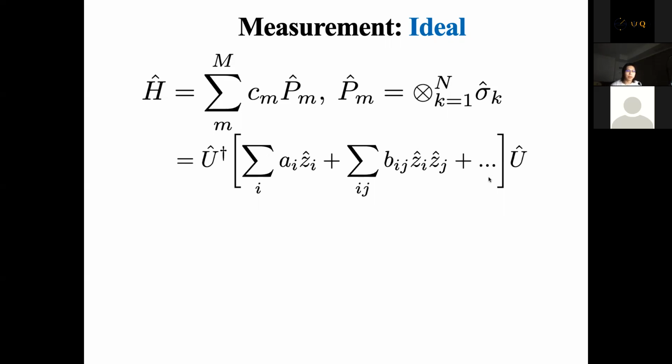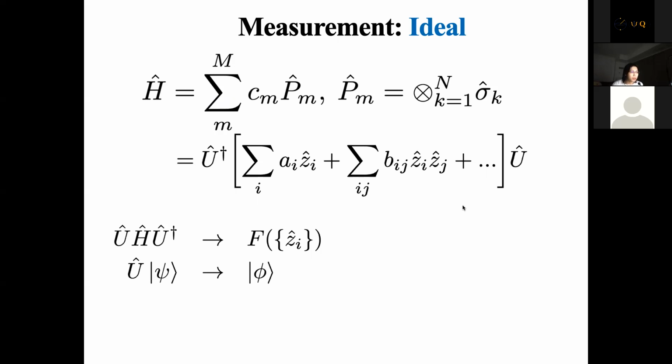Once you have this unitary, you want to do this transformation on a classical computer. So you apply UHU† to obtain this function of Z inside the bracket. And this is something you will measure on a quantum computer. On a quantum computer, you want to apply this U onto the psi wave function that you have prepared for measurements.